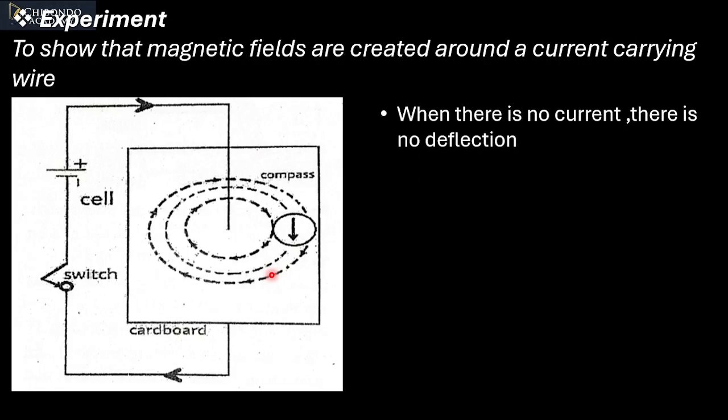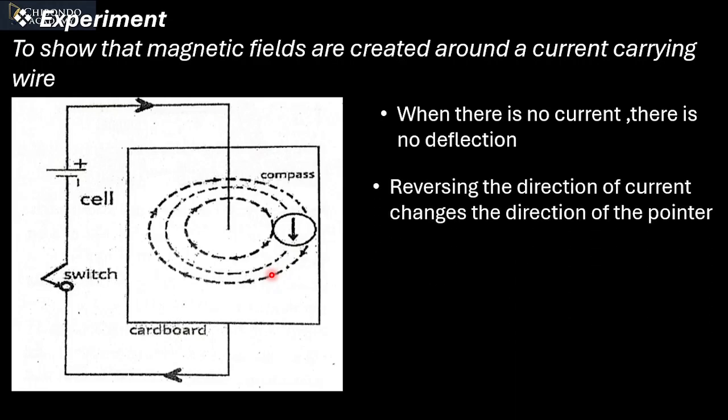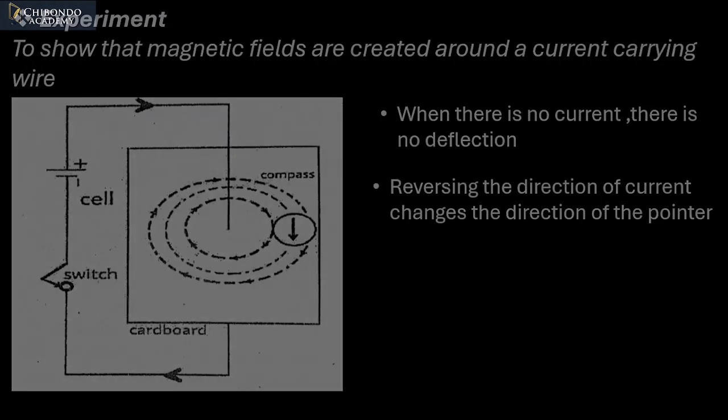We will understand this later by looking at some other laws which we use to determine the direction of this magnetic field. When there is no current, there is no deflection, as I've said. Reversing the direction of current changes the direction of the pointer, which means you can change the direction of the magnetic field by simply reversing the direction of the current.